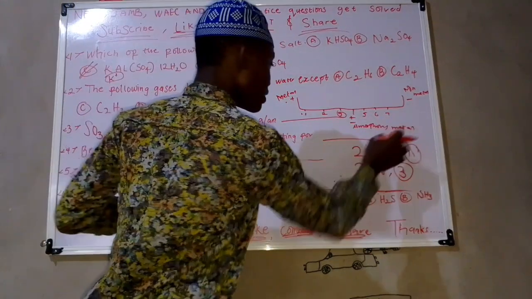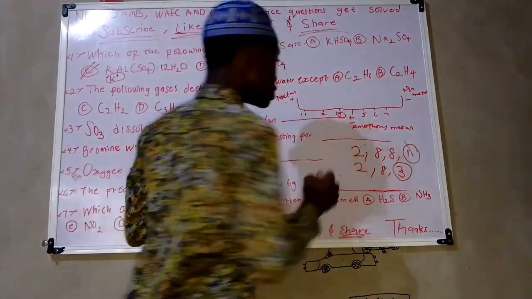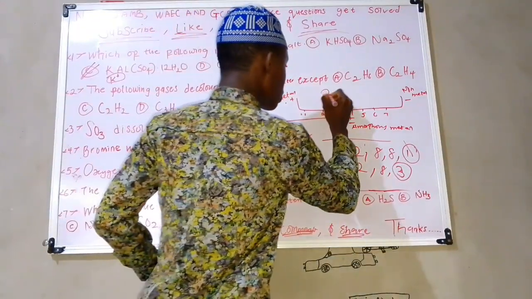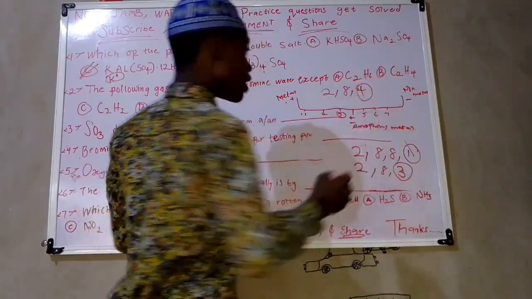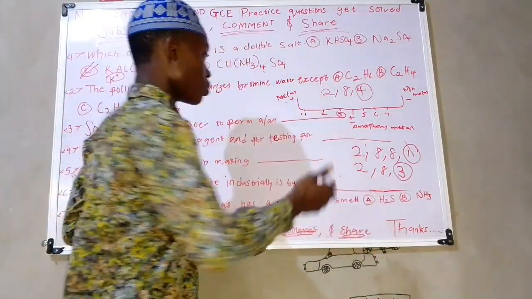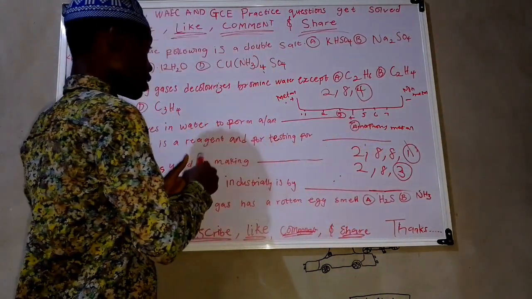Now for an amphoteric metal, silicon is an amphoteric metal because silicon has the electronic configuration 2, 8, 4. It has 4 electrons in the valence shell, and it is this amphoteric metal.